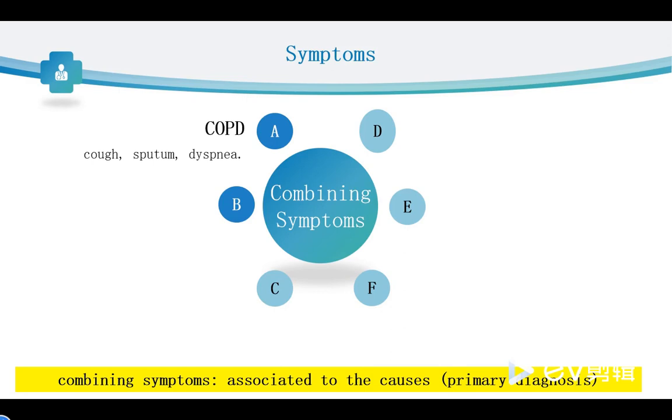For example, we know that COPD patients can also develop cor pulmonale. Once cor pulmonale is caused by COPD, the patients usually get cough, sputum, dyspnea, and other symptoms of pulmonary hypertension and right heart failure.